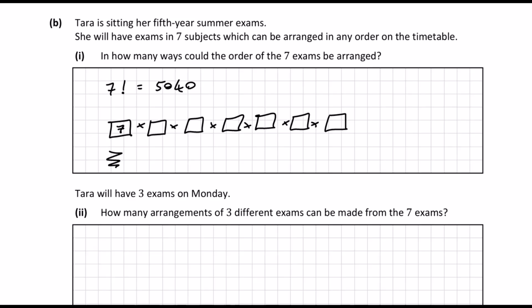If you've chosen one of those exams, there are only 6 exams left to go into this box here, so you got 6 in there. If you've chosen those 2, there are only 5 left to go there. 4, 3, 2, 1. That'll give you 5040 as well. That's basically just 7 factorial, which is 7 times 6 times 5 times 4 times 3 times 2 times 1. So this is our answer.